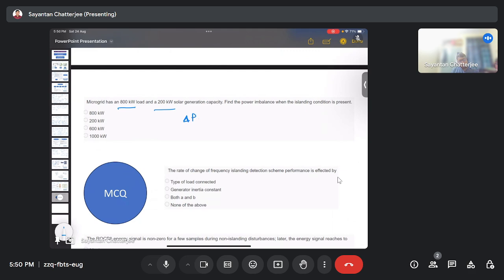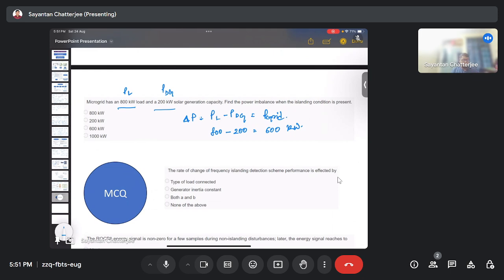So we need to find out delta P, since it's concerned only with real power.